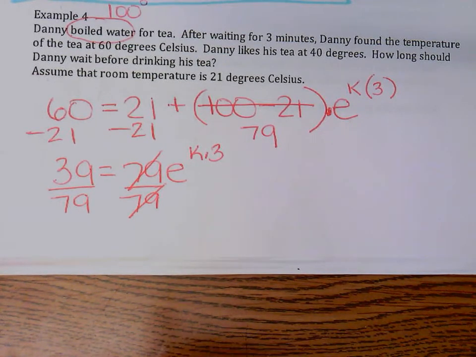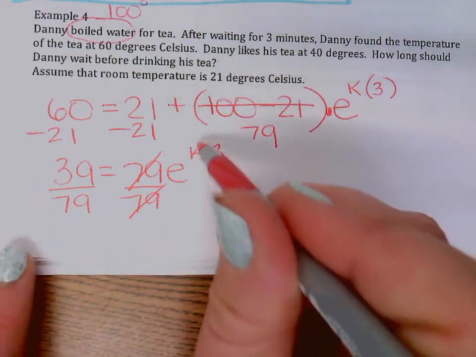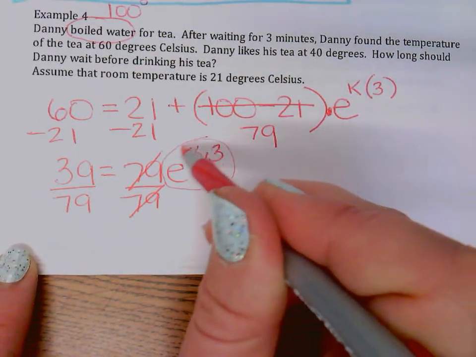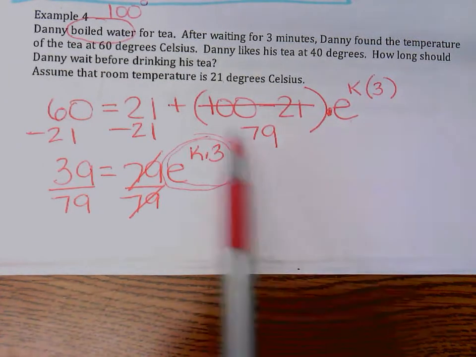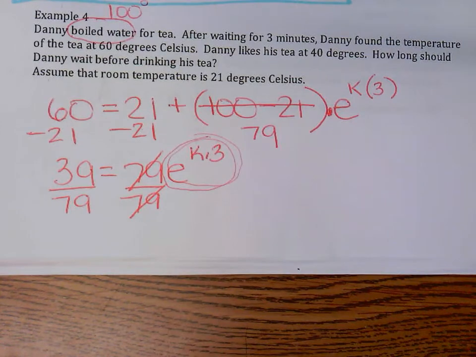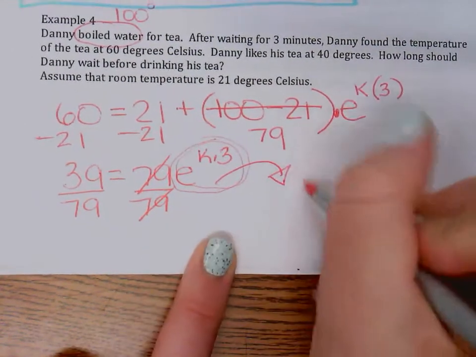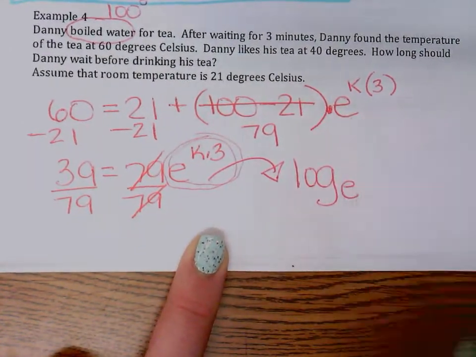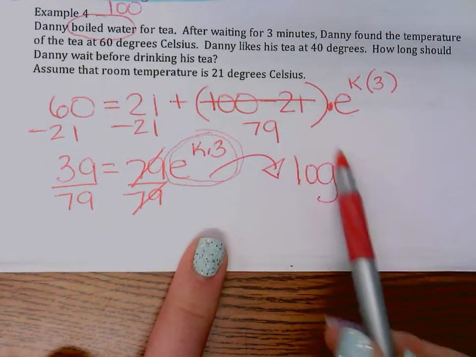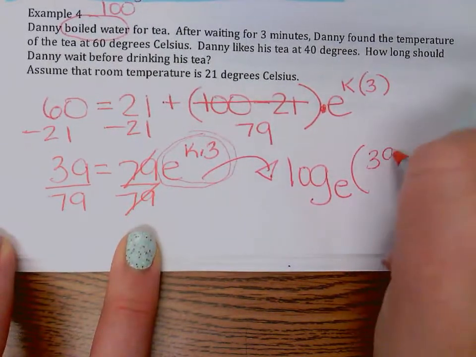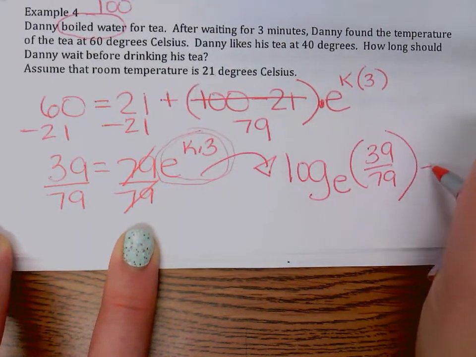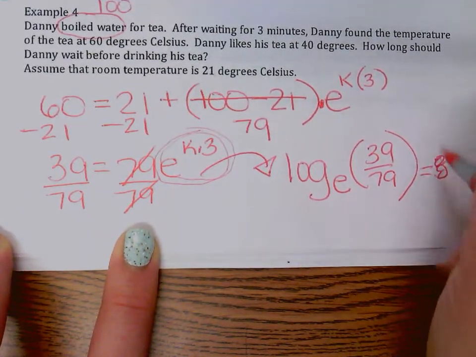Okay, I'm in exponential form, and the exponential part is now by itself, right? So what do I do next to solve an exponential? Put it in log form, yes. So my log is going to be base e, which is the natural log. I could just write that ln if I wanted to, of 39/79 equals k times 3.